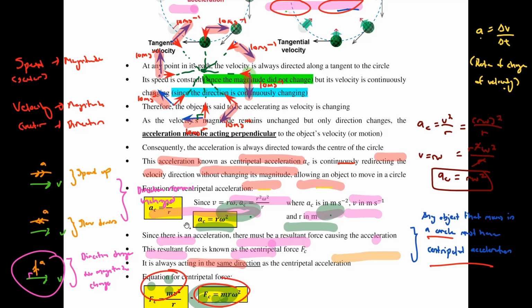Usually your textbook will write that in, but since it's not required inside your syllabus, I just omitted it. Right now, if you ask me how it is derived, I can't really derive it because I did not commit it to memory. But just know that it's v squared over r or r omega squared. If you want the derivation later on, I can probably find it out for you.